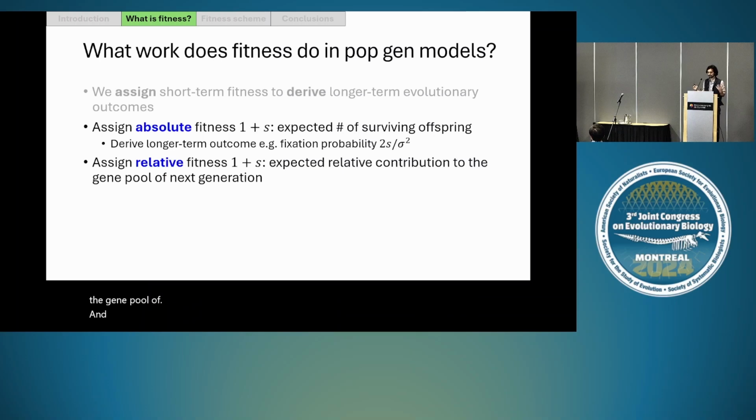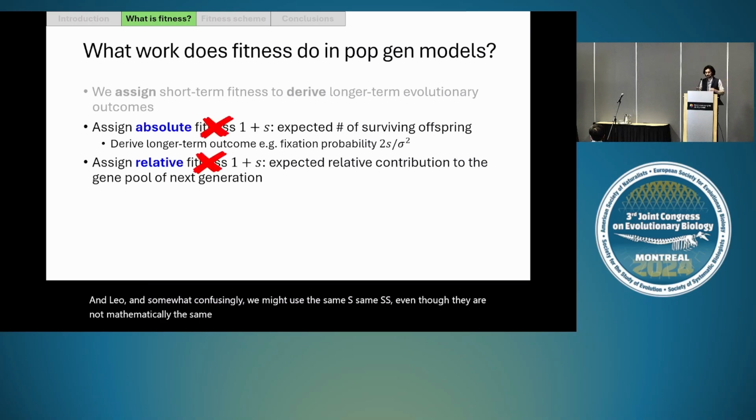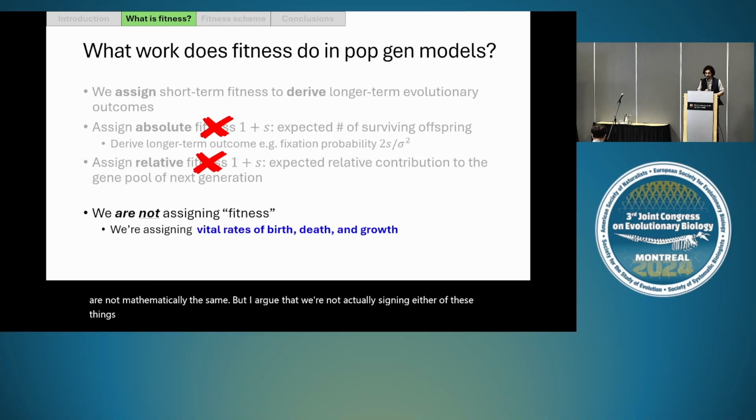And somewhat confusingly, we might use the same S, even though they are not mathematically the same. But I argue that we're not actually assigning either of these things in principle. What we're in fact doing is not assigning fitness. Behind each assignation of fitness, we are in fact assigning vital rates of birth, death, and growth.